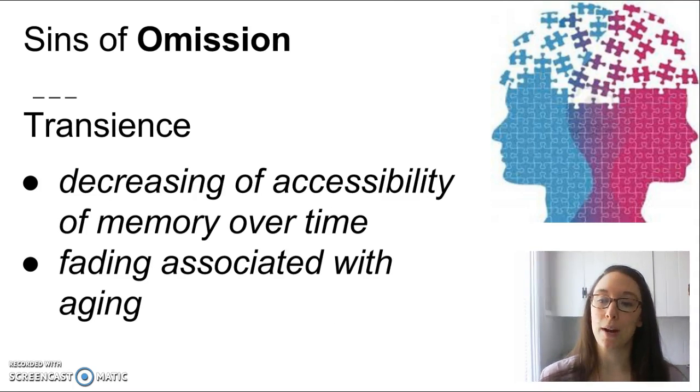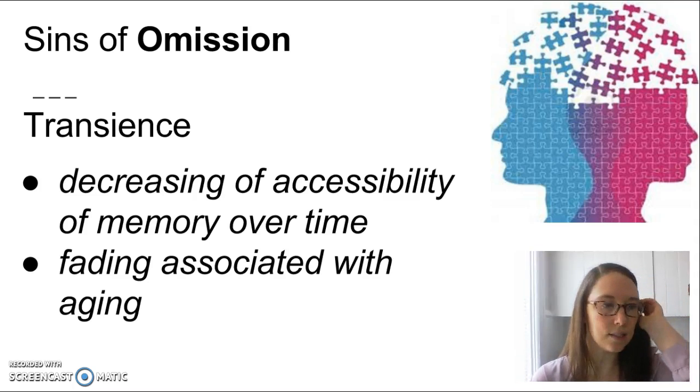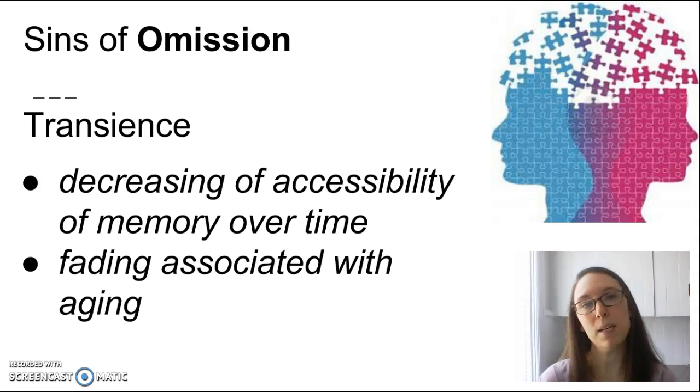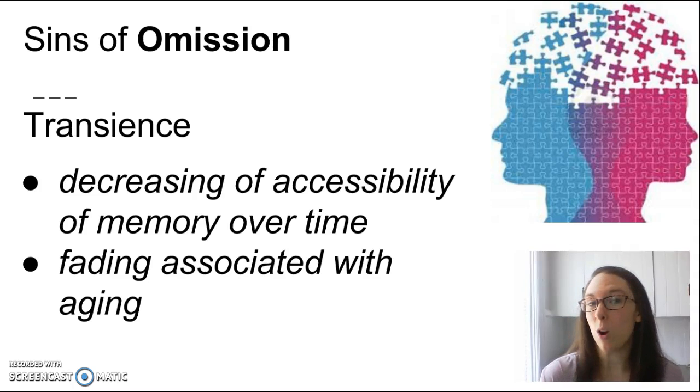Second, we have what's called transience, and the term transient means sort of moving. If you talk about a person who leads a transient lifestyle, they're constantly moving from place to place. And so this sin of memory speaks to the fact that memory itself sometimes is transient, in the sense that things we once knew sometimes just fade away over time.